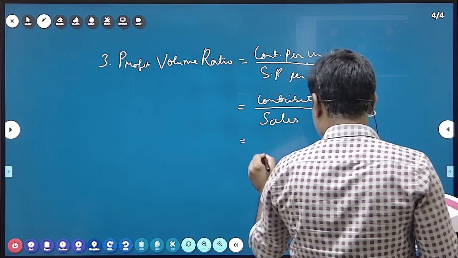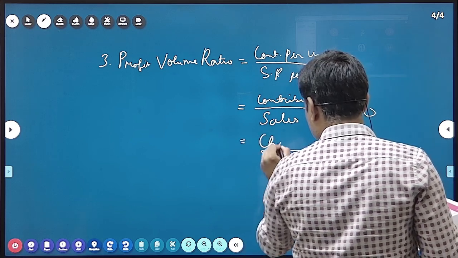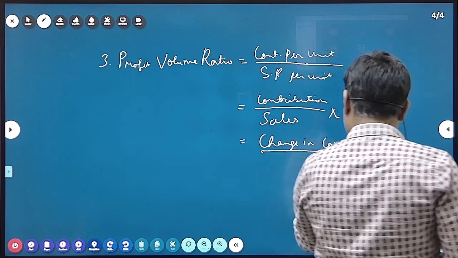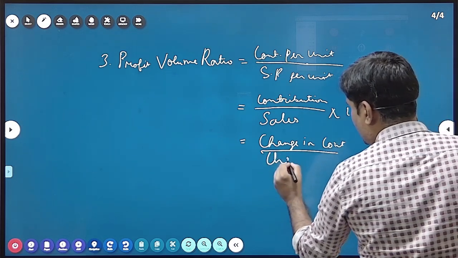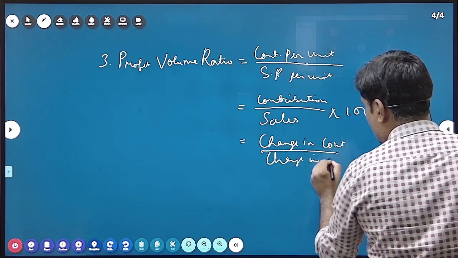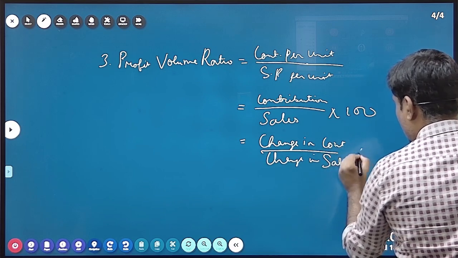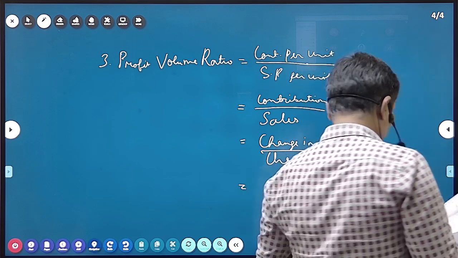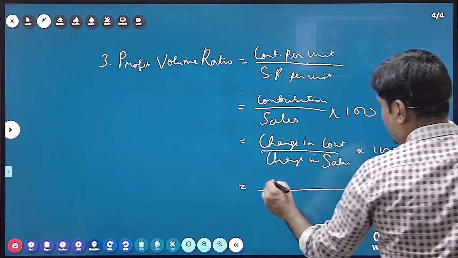It can also be found out as change in contribution divided by change in sales into 100. It can also be found out by change in profit by change in sales.